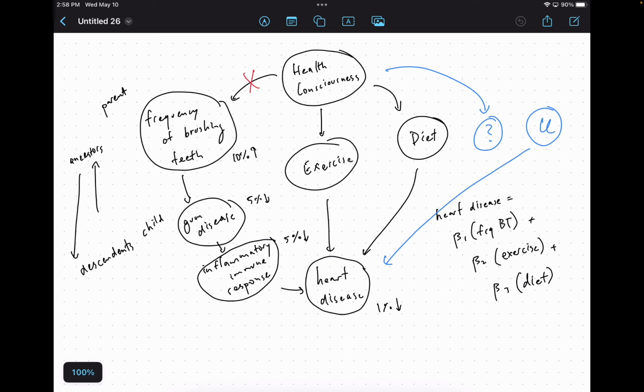So let's do this one really quick. Dental insurance, so the idea is that if you have dental insurance, you would brush your teeth more or less or something. Do you have dental insurance? Okay.